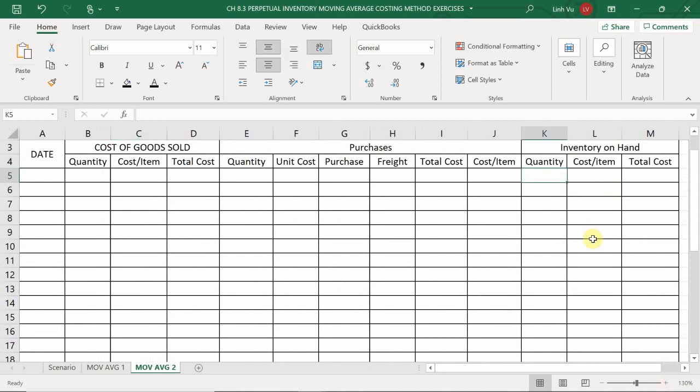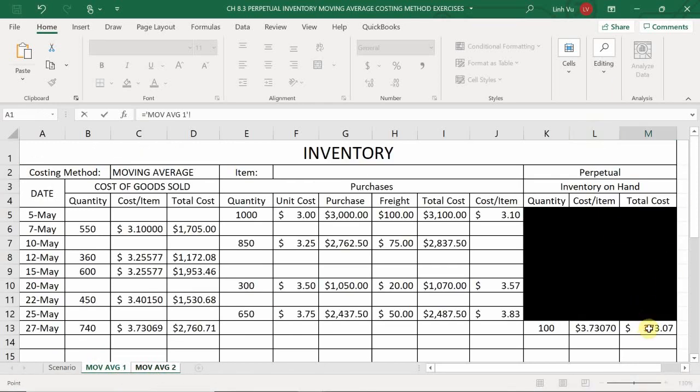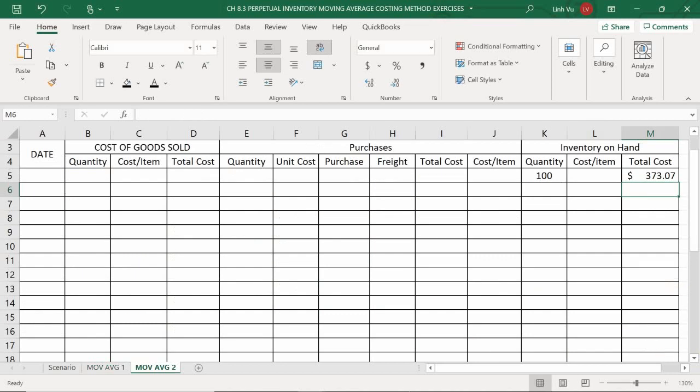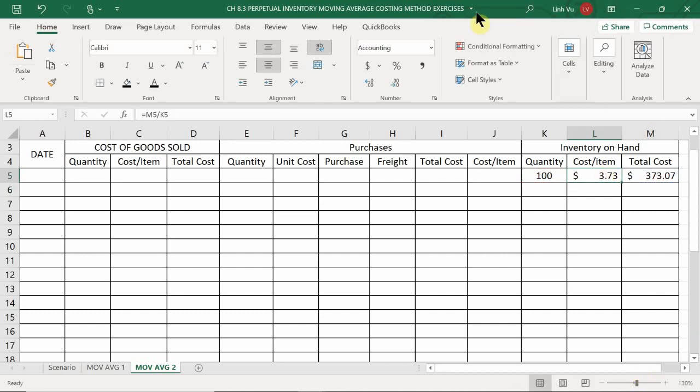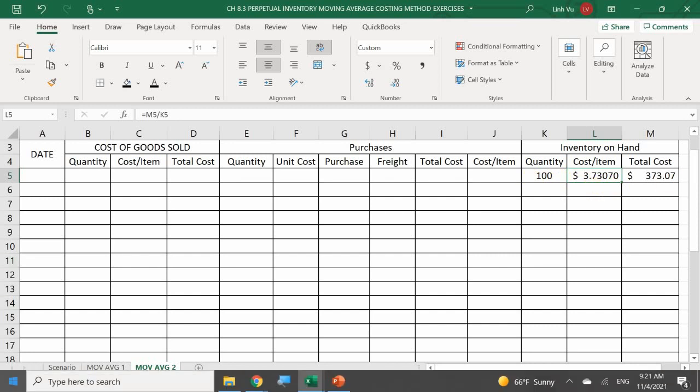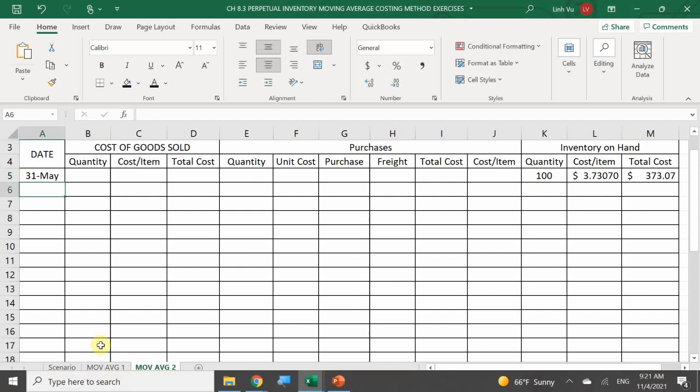So I have a quantity of 100 at a total cost of 373.07. And because I want to ensure that my average cost per item is the same, I'm going to redo my formula here. On May 31st, that is my average cost, my beginning inventory.